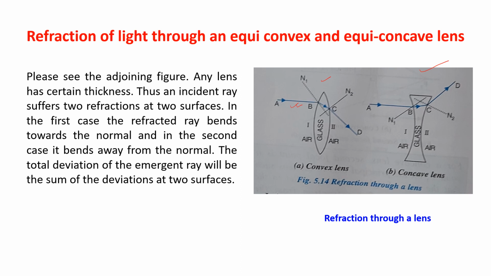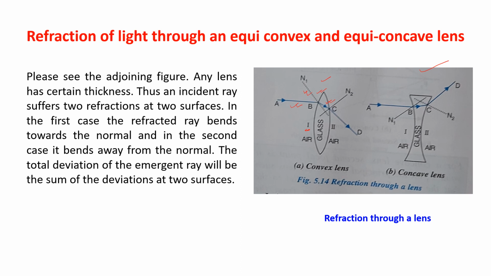At the first surface, that is surface 1, it suffers a refraction. The incident ray at the first surface bends towards the normal. This is the normal, so it is bending towards the normal, this blue line inside.